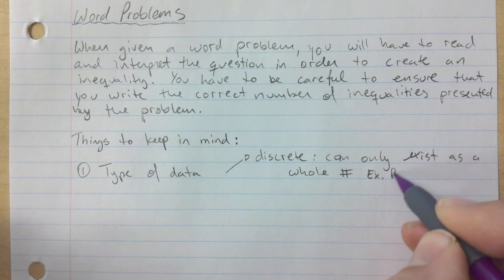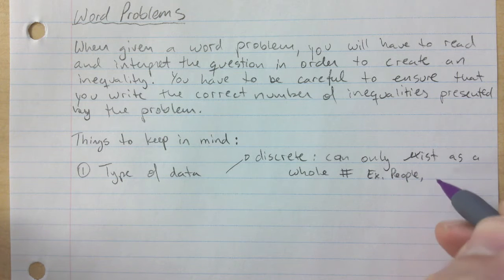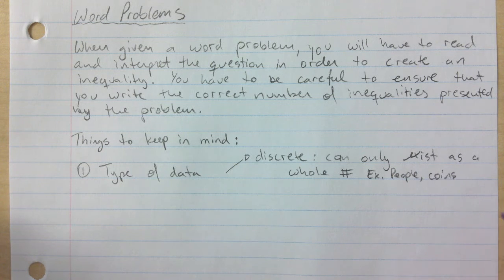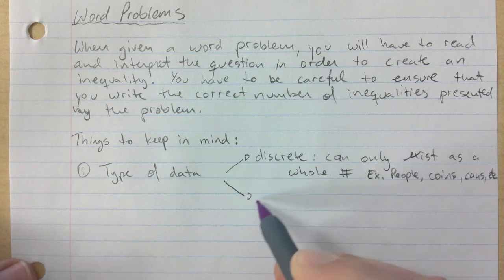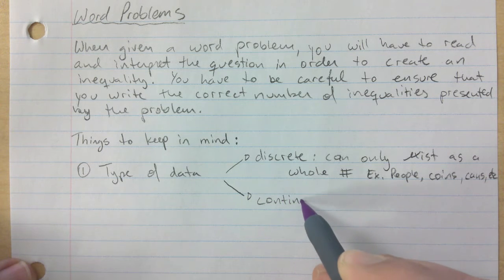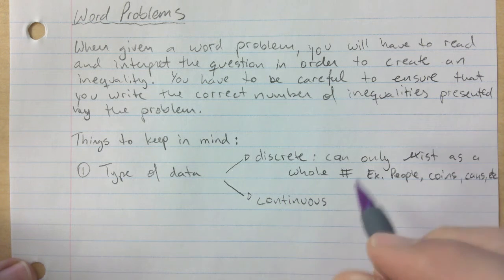Example: people, coin or coins, cans, etc. So there is a difference between discrete data and continuous. Does that ring a bell? No, it reminds me of APR.